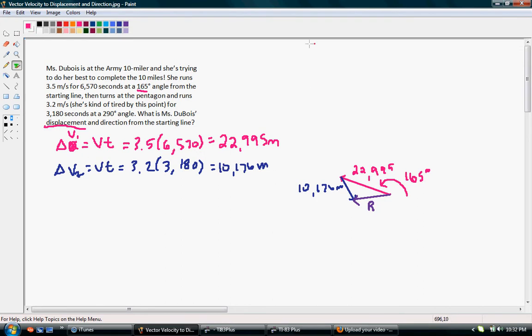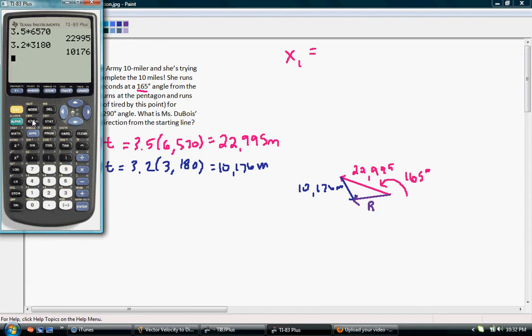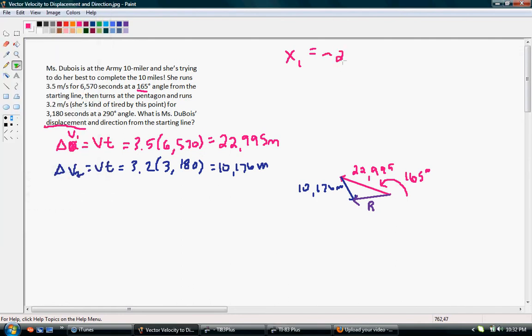So for our first vector, our x1 will be equal to our hypotenuse times cosine 165. Make sure you are in degree mode: go to mode, make sure you're in degree. You're going to say 22,995 cosine 165, and you get negative 22,211.5 meters.